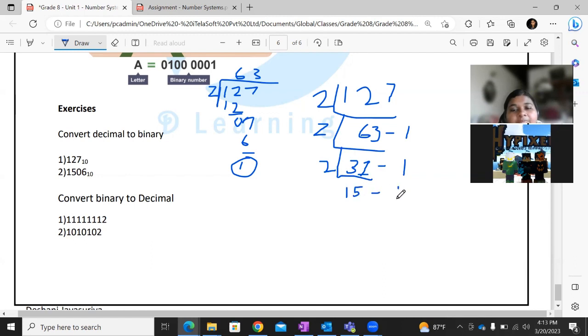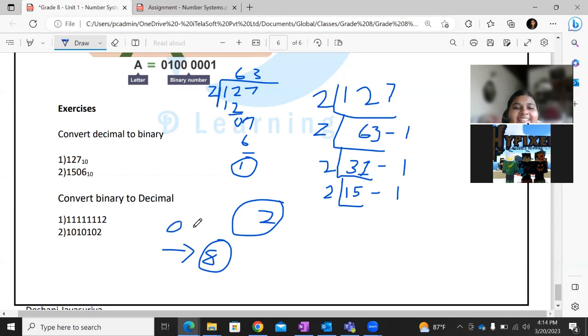Teacher, we had to divide only by 2, right, teacher? Yes, because if it's binary we are going to convert, we are dividing it by 2, right? So if you are going to get these values into octal, you have to divide it by 8, right? So always when you want to convert into that particular form, if it's octal, divide by 8. If it's hexadecimal, you will be dividing that value by 16, right?